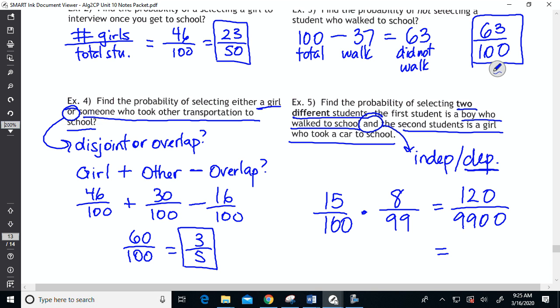So 120 over 9900 reduces to 2 over 165, and that ends up being our final probability.